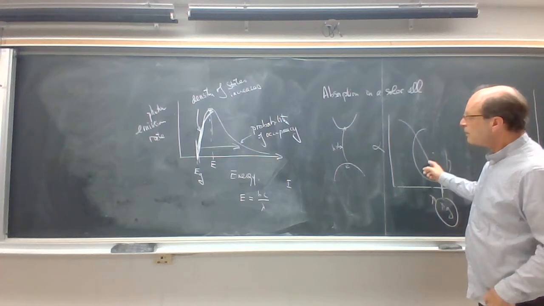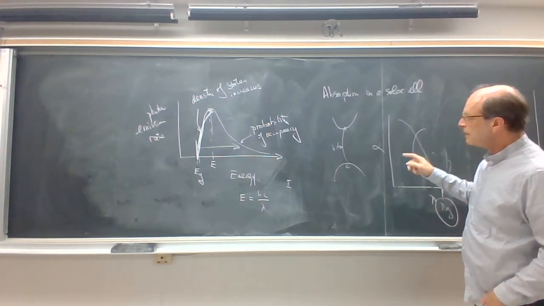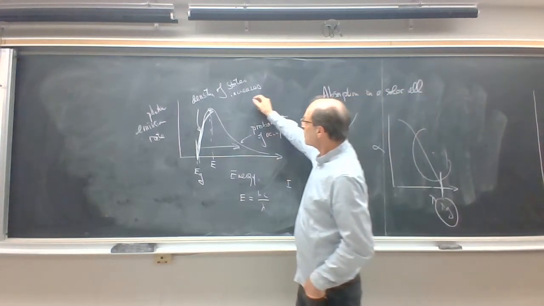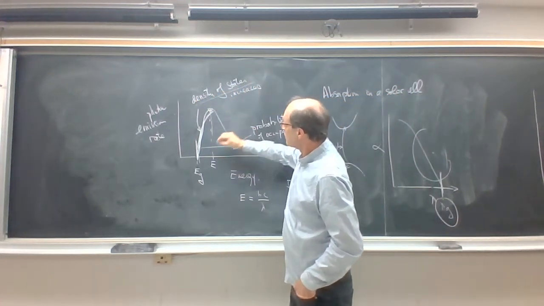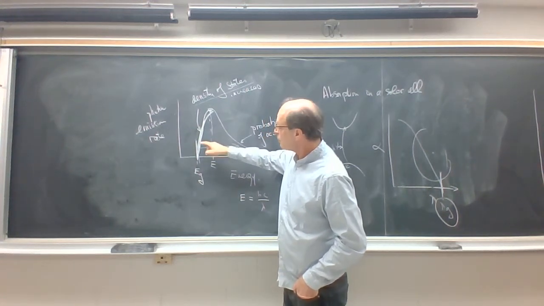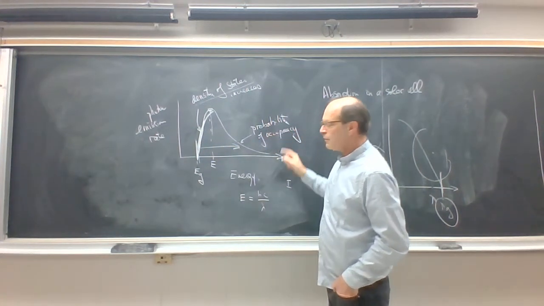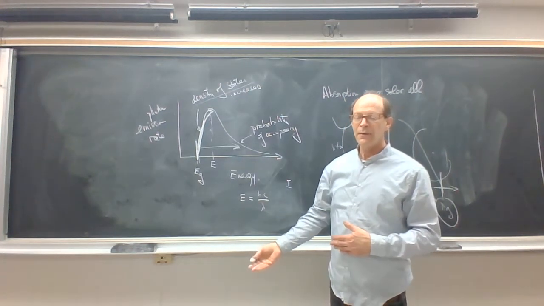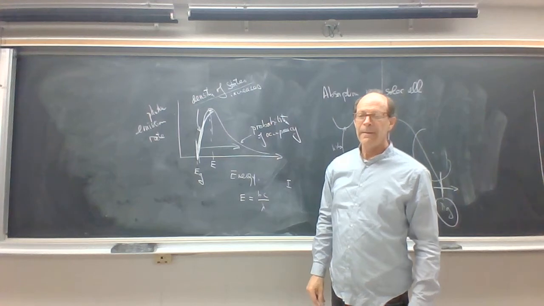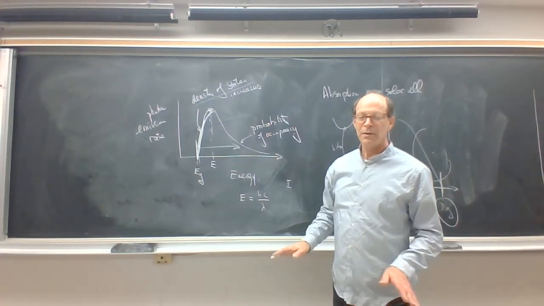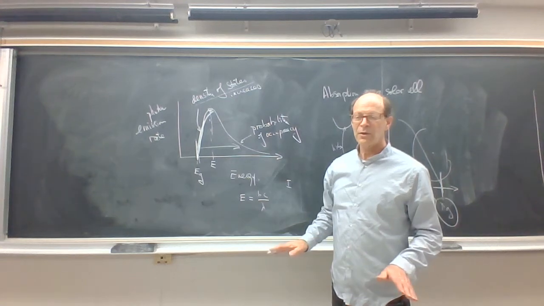The shape of that curve will be dictated by the density of states function. So it will actually look the same as this curve here. It won't contain the probability of occupancy though, because when a solar cell absorbs a photon, the photon that you're absorbing will determine the probability of occupancy. It's not determined by Fermi-Dirac statistics.